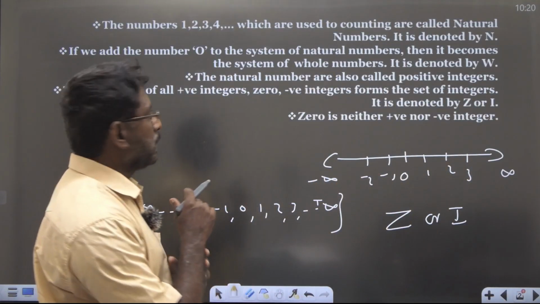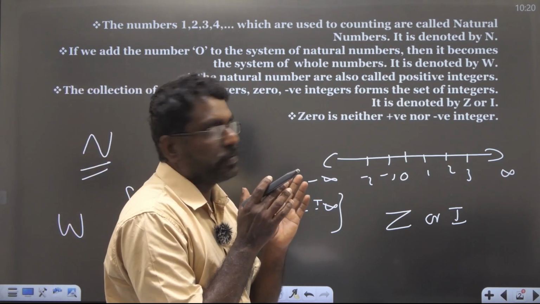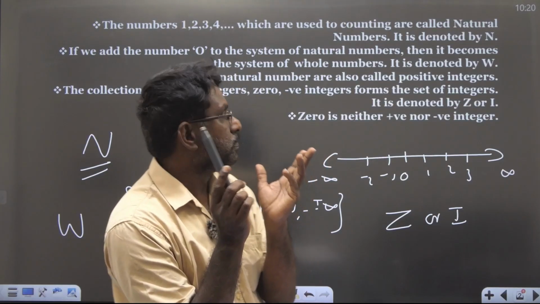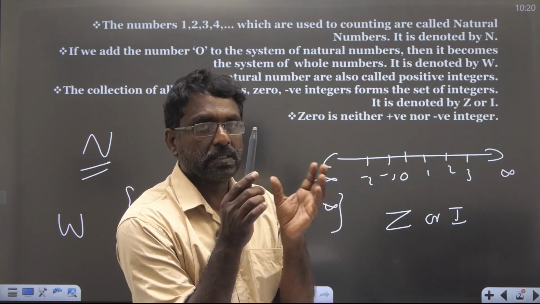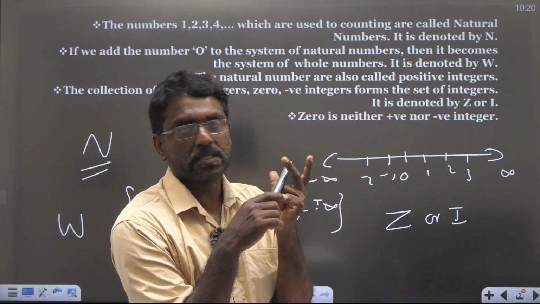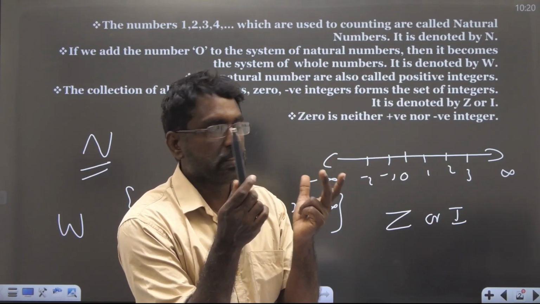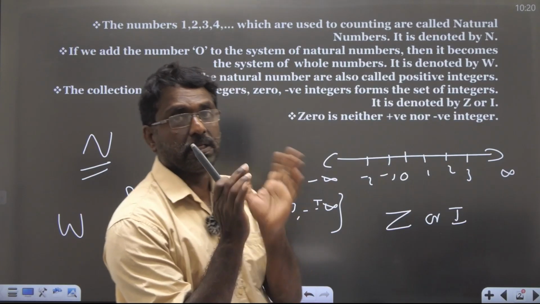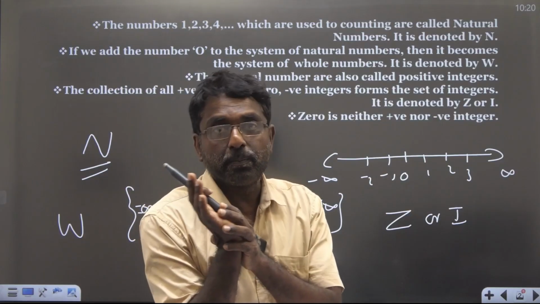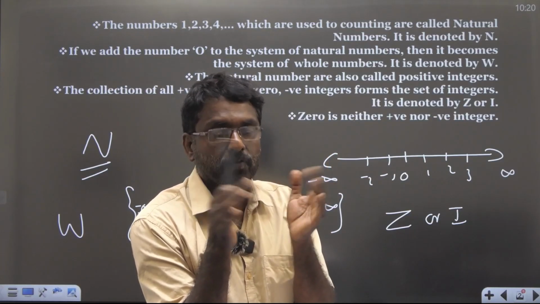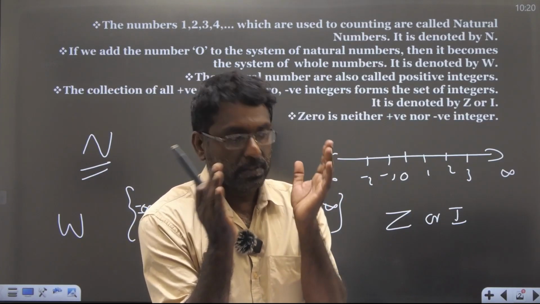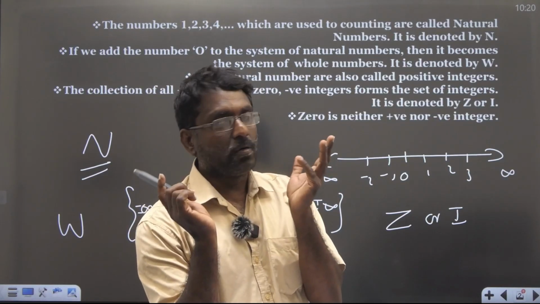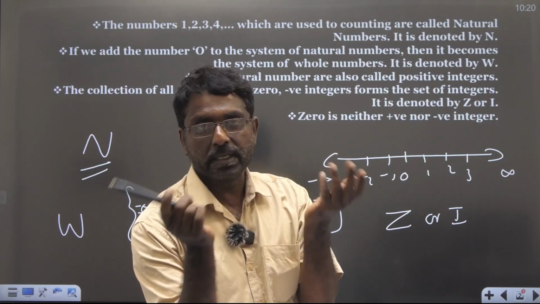Then again we discussed the different systems of numbers. The important systems of numbers are natural numbers, whole numbers, rational numbers, and irrational numbers, all of which we discussed. Finally we discussed real numbers. Real numbers means the collection of rational numbers and irrational numbers, which includes all integers, that is positive or negative integers.